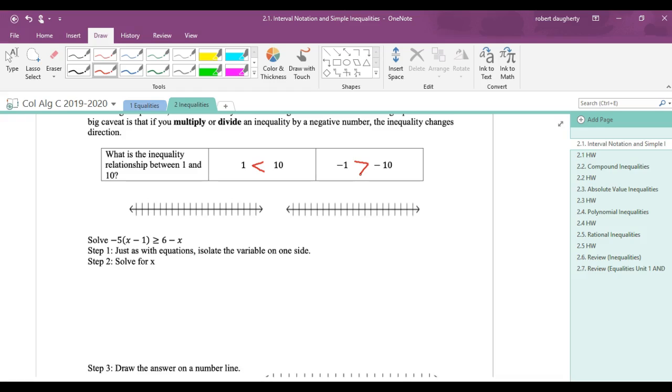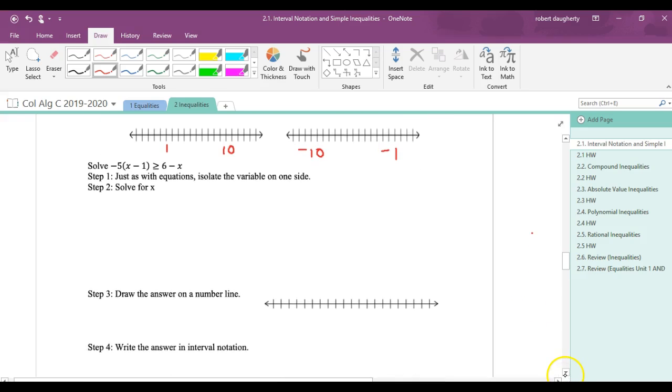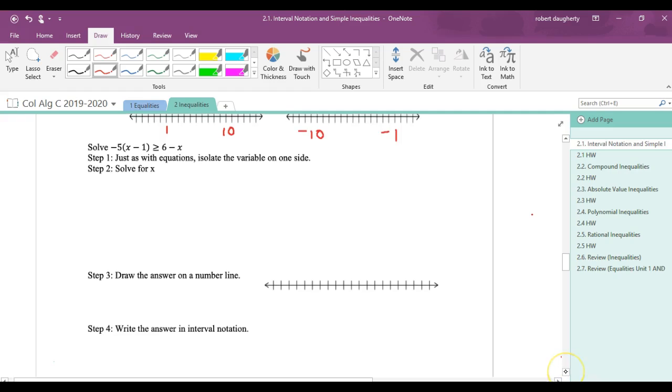If I look at this on a number line, here's 1 and here's 10. If I look at these two numbers, here's -10, here's -1. So you can see what happens just by putting negative signs, which one's smaller, which one's bigger, changed, okay? Now that's the big thing you have to watch for when we're solving inequalities.